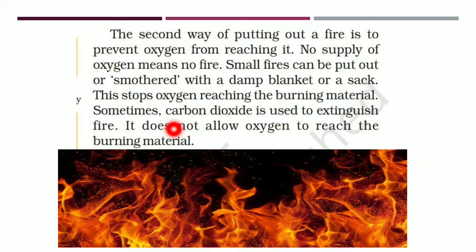Sometimes carbon dioxide, CO2, is used to extinguish fire because it also does not allow oxygen to reach the burning material. So if we stop the supply of oxygen, we can also stop the fire from burning. For this we can use a damp blanket, a sack, or carbon dioxide to stop supplying oxygen to the burning fire.